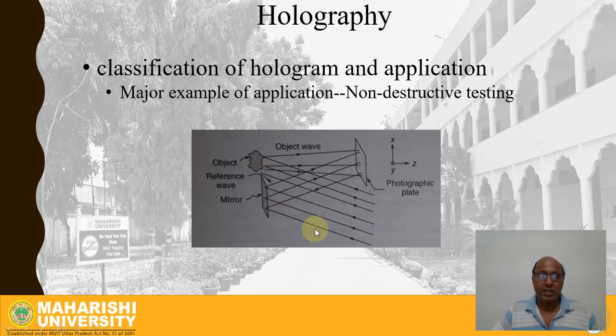So this reference wave and the wave coming from the object will interfere with each other, and it will form an interference pattern on the recording plate.